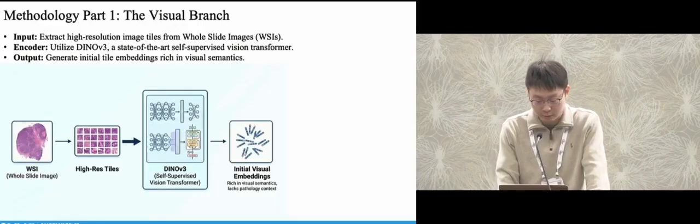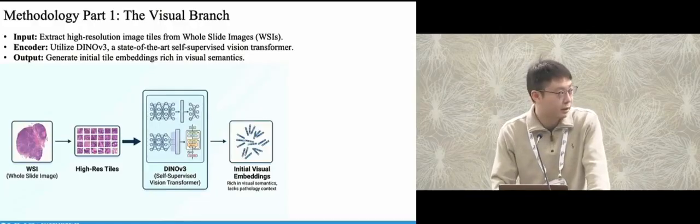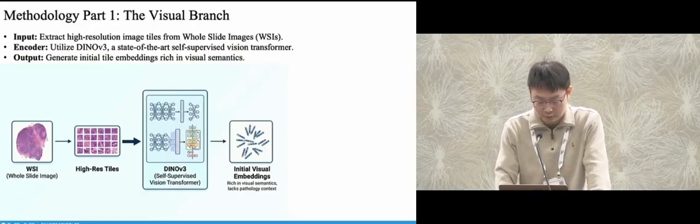However, as I mentioned before, while these embeddings are visually descriptive, they don't know pathology. They see shapes and textures, but they don't understand the tumor or stroma in a medical sense. This is where our second branch comes in.